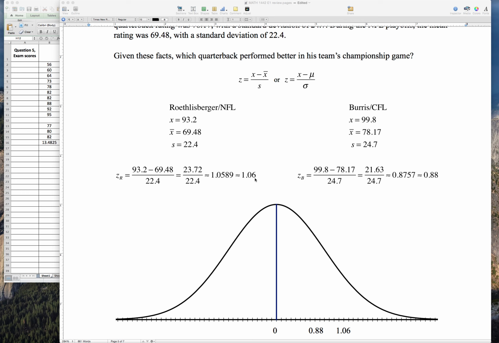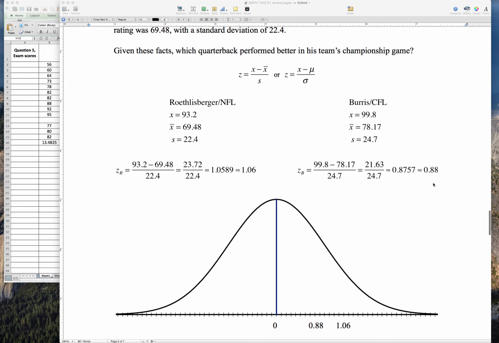Always round z-scores to 2 decimal places, for reasons that we will see later when we cover chapter 6. Now, that's Ben Roethlisberger's z-score. When we do similar calculations for Henry Burris, we get a z-score of 0.88. So Roethlisberger did better relative to his league in his team's championship game than did Henry Burris.